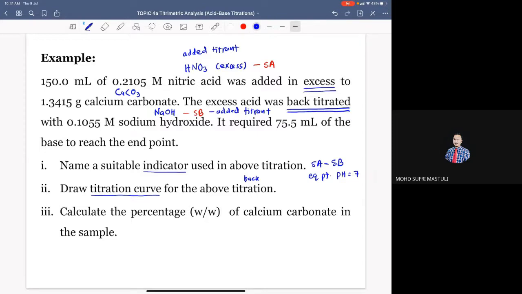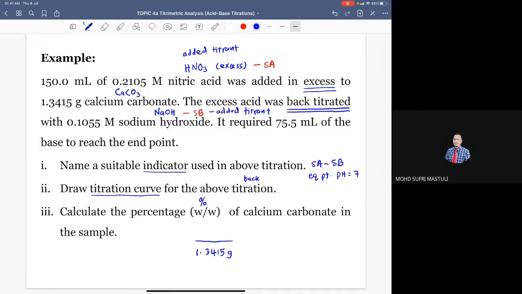Calculate the percentage weight per weight. It is asking you for the percentage of weight per weight of calcium carbonate in the sample. So the sample is 1.3415 gram.